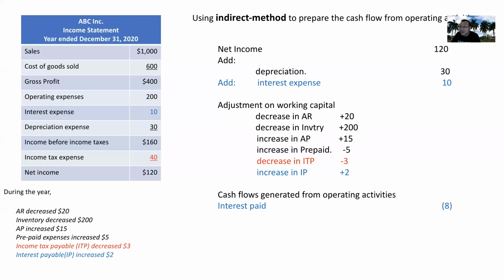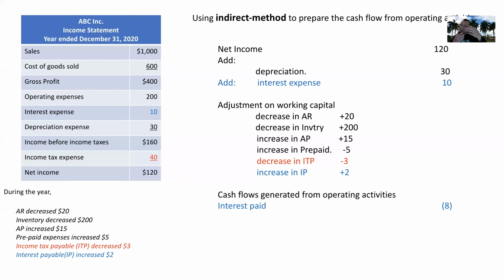Basically, when you recognize interest expenses of $10, if you didn't pay for this at all, your interest payable should increase by $10. Think about it.